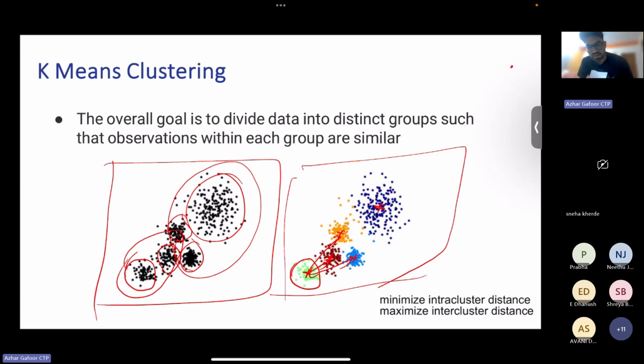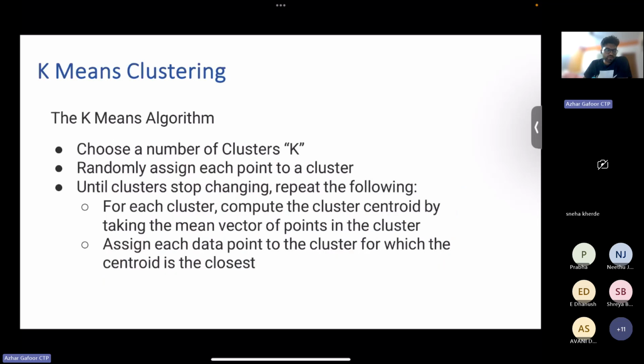These are the steps that we have. We have to choose a number of clusters, which we can specify. If we have collected 5 classes of data and need to classify those data into 5 clusters, then we already know the number k, so that can be given.